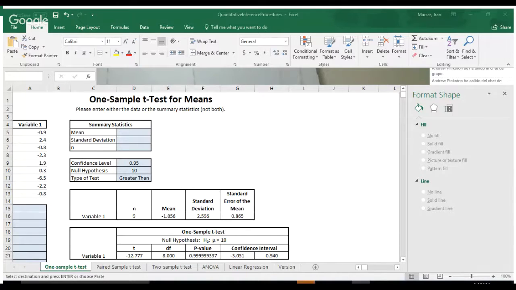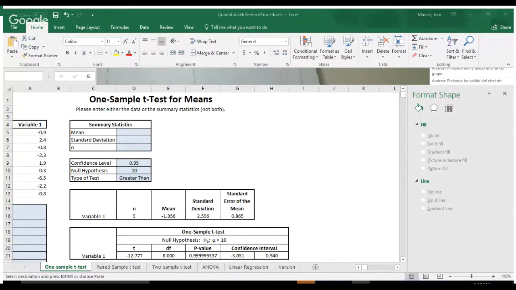So how is the formula? T equals the sample mean over the standard deviation over the square root of the sample size, right? I think. Yeah, exactly.